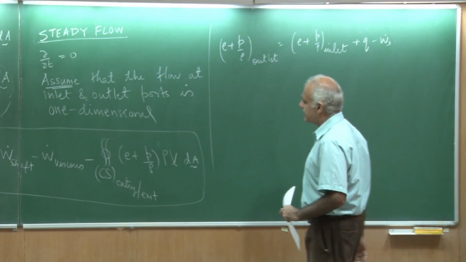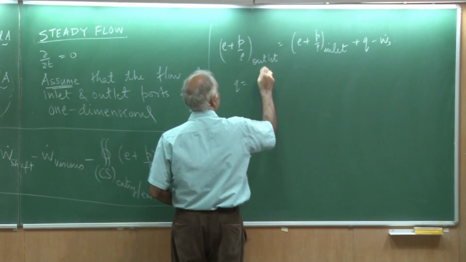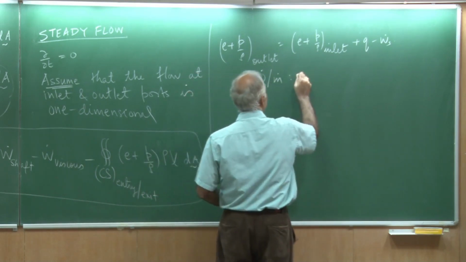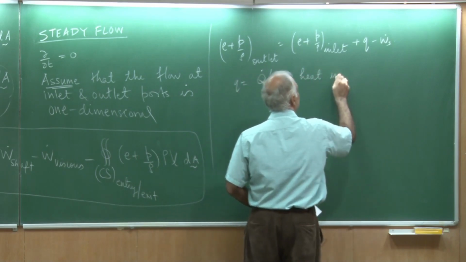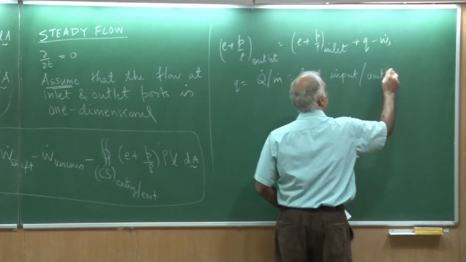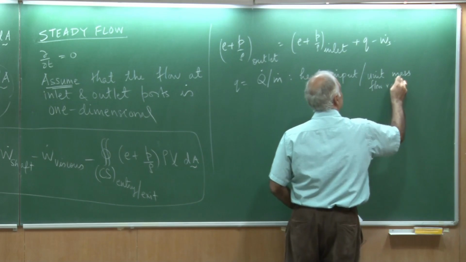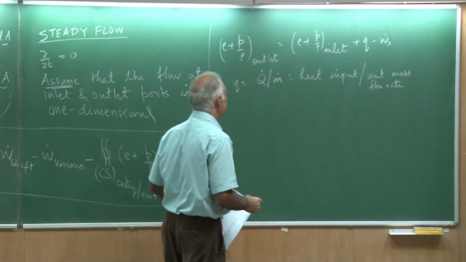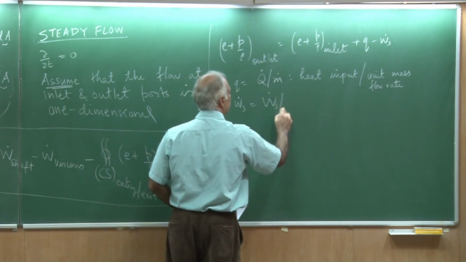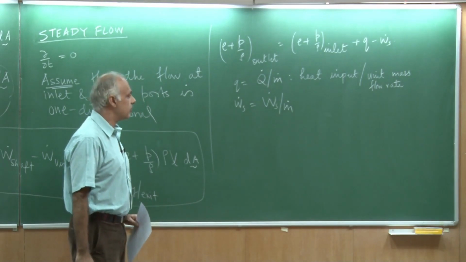And what I have done is I have assumed that Q is Q dot by m dot, which is the heat input per unit mass flow rate, and similarly W_S is actually the shaft work divided by the mass flow rate through the control volume.